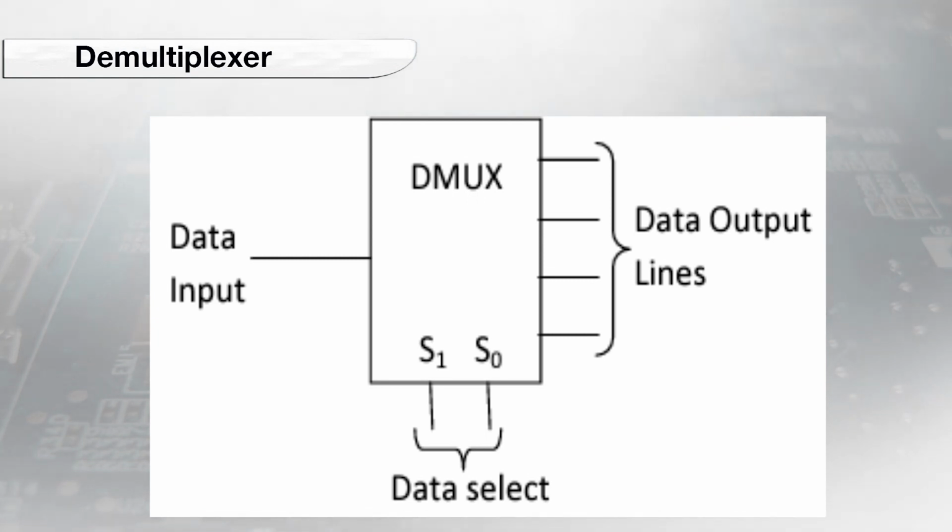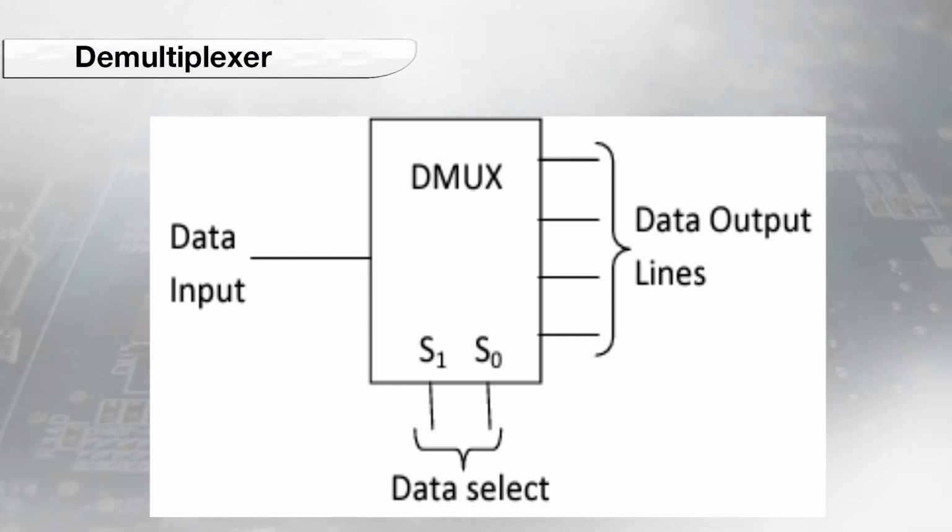So if we suppose we have logic high at the input and the selection lines have the combination 0 1, then the input will be provided at the second output line. For instance, if the selection lines are 0 0, then the data at the input will be reflected at the output D0.